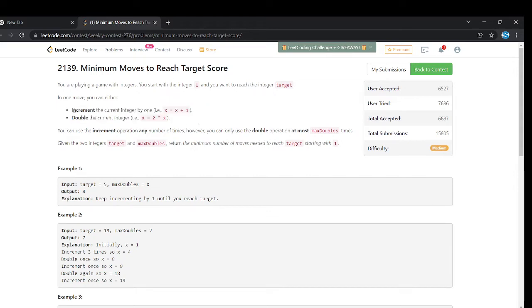Okay, so there is a certain limitation in performing the double operation, but the increment operation can be performed any number of times. The double operation can be performed at the max doubles number of times, and we need to find out the minimum number of moves needed to reach the target starting with 1.